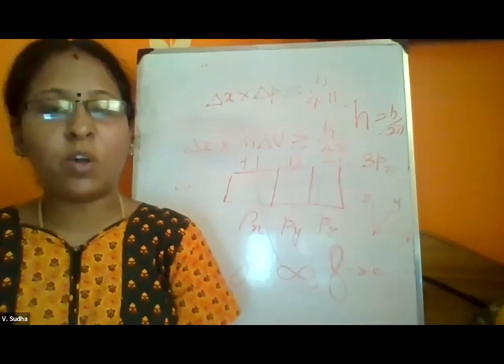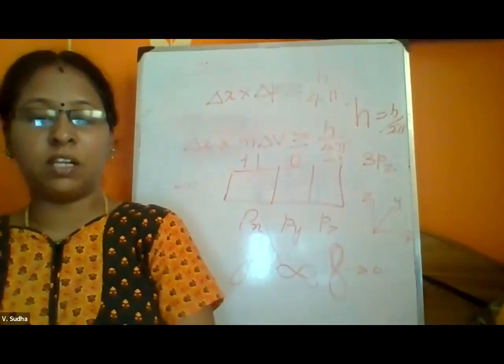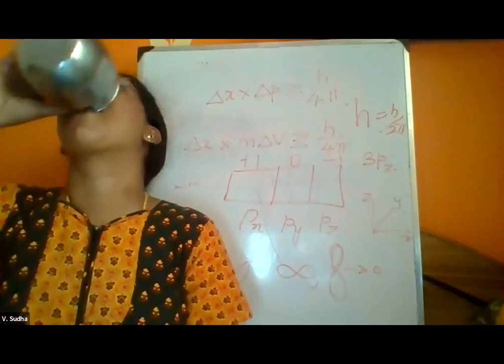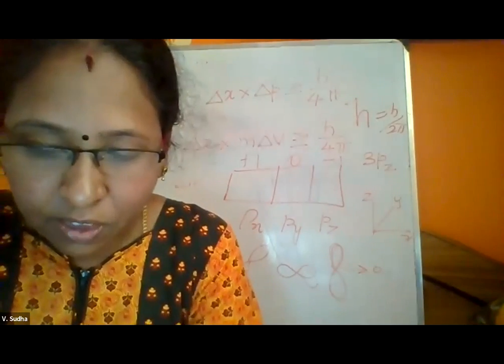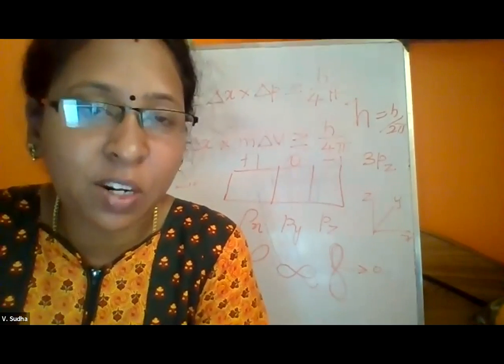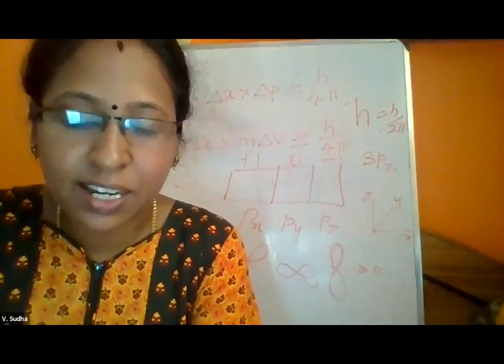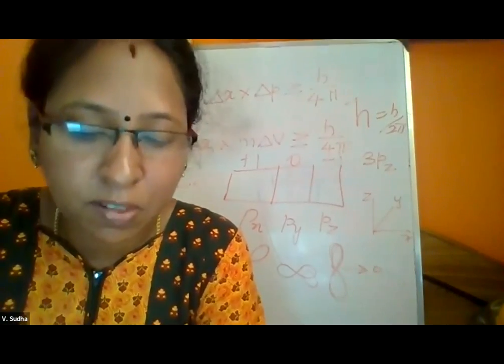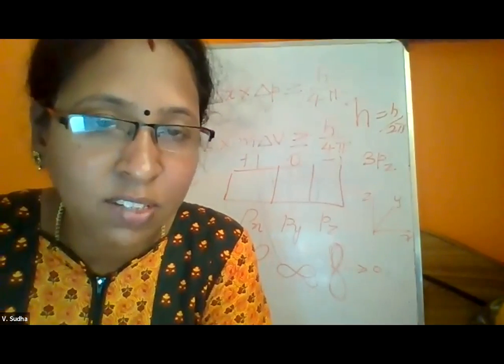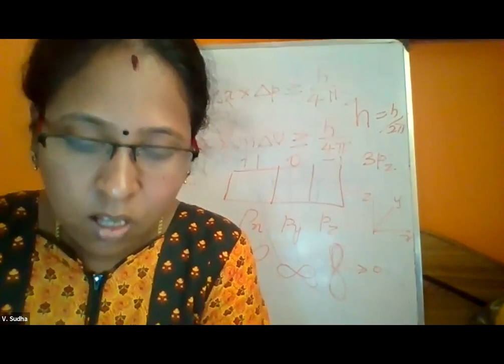Which of the following is not a permissible arrangement of electrons in an atom? Option A.